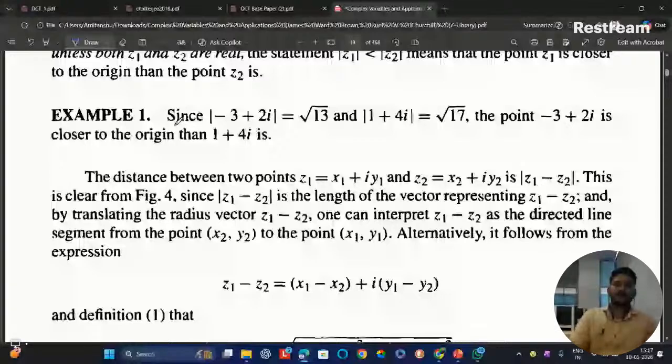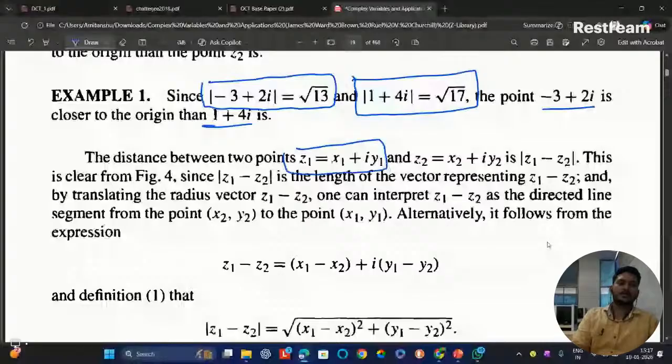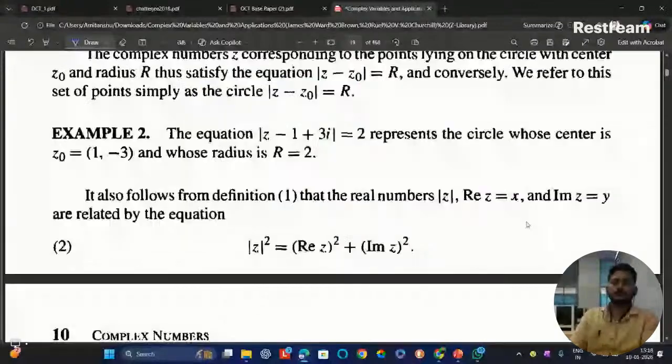Z1 is written like this, Z1 equals x plus iota y, and for Z2 the difference forms a figure. The length of this vector, the radius vector, is Z1 minus Z2. One can interpret it as the line segment joining the points x1, y1 and x2, y2, and it gives you the difference.